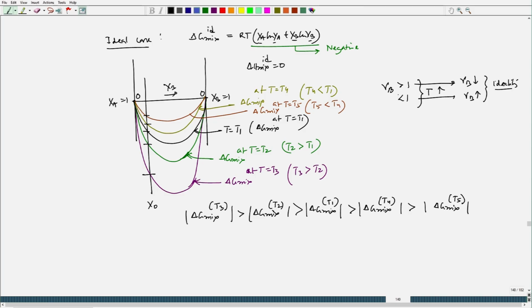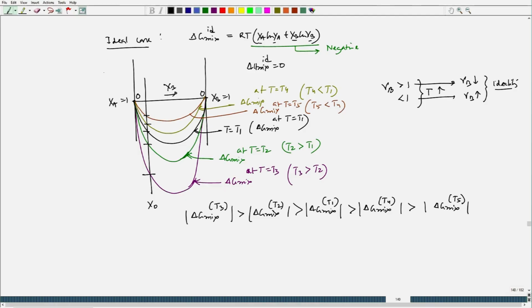In that case, with an increase in temperature, since that has a strong effect on delta G mix becoming more and more negative, the stability of that phase would become more and more feasible as we increase temperature, because the system tries to be more randomized. Every system would like to achieve ideality with increase in temperature, and that happens due to the Gibbs free energy of mixing hierarchy.